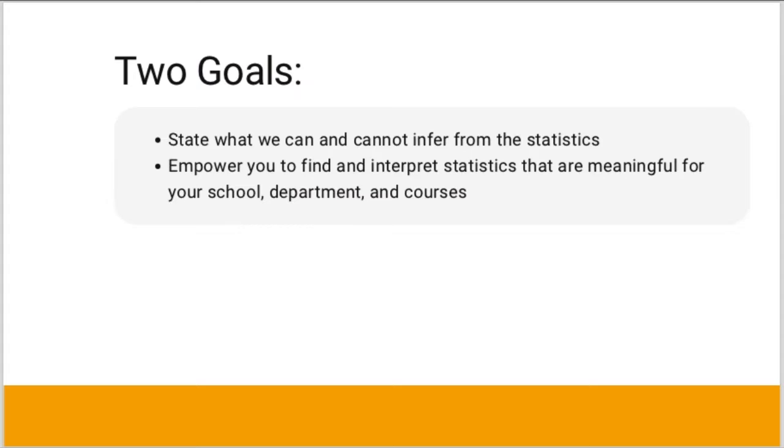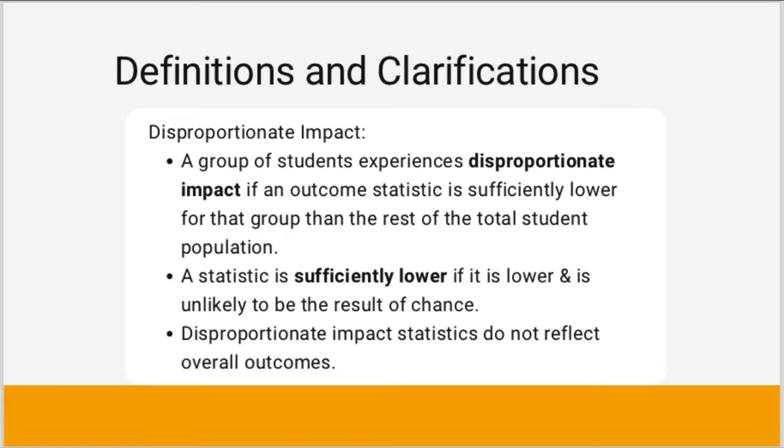First up, you'll notice that the data we are focusing on, and the culturally responsive curriculum review that I'm recording this for, of course you can use this for other purposes, but you'll notice that a lot of our data focuses on disproportionate impact. So let's start by clarifying what that means.